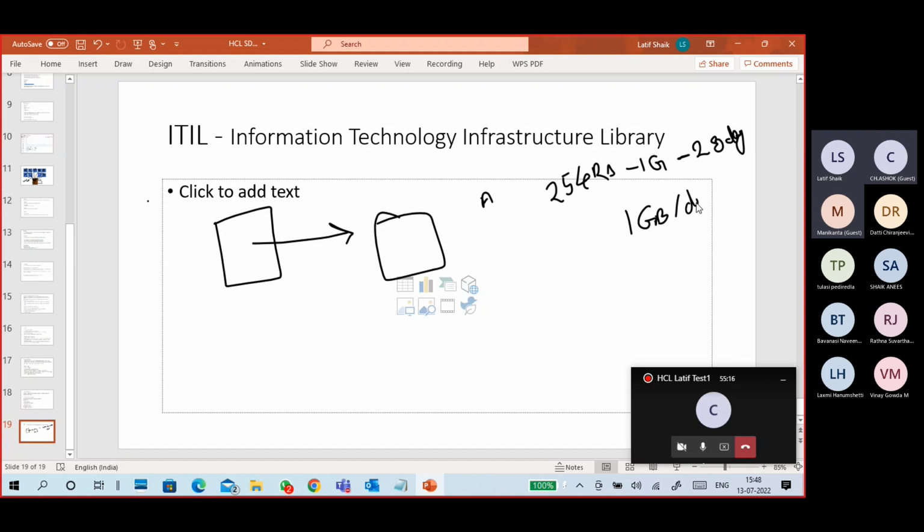You need to recharge with this amount also. For less than this amount you are getting 28 days, at least 1 GB per day, 1.5, 2 GB, 3 GB per day. That too 4G internet, not 3G.